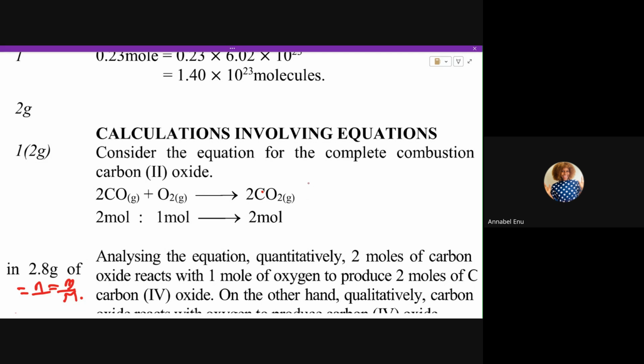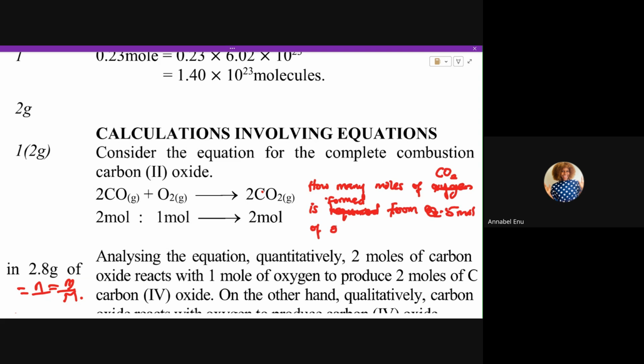Or what if we now ask how many moles of CO2 is formed, not is required, is formed from oxygen gas, from 0.5 mole of oxygen?